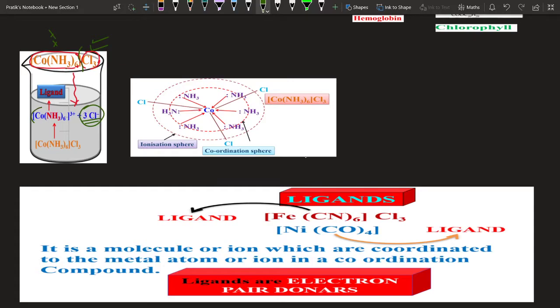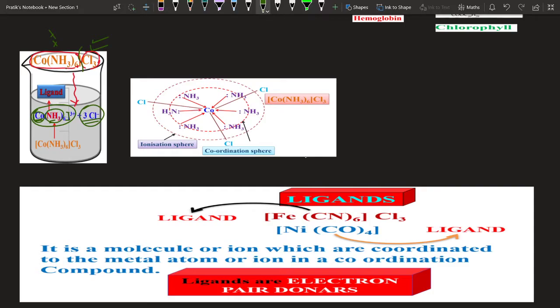But the part which is non-ionizable, which is written in the square bracket, consists of non-ionic bonds. Here, if you see, this is the central metal atom, this is the ligand, and the bond between cobalt and the ammonia is what? Coordinate bond, and this coordinate bond is not broken in the water.